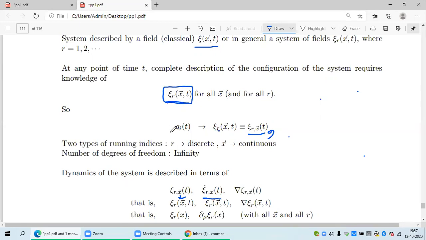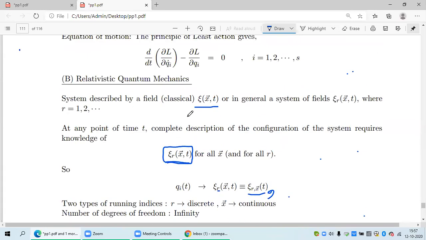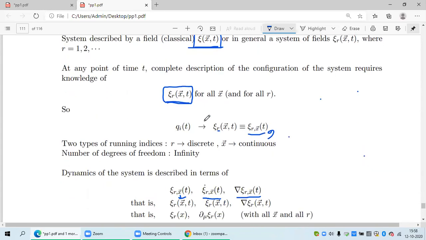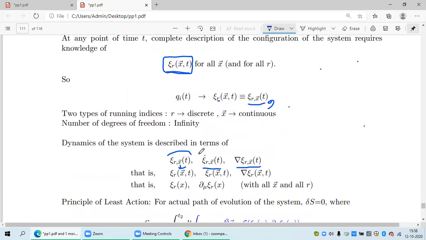Therefore, for a proper description of the dynamics of the system, it should also depend on the space derivative of the function. When you generalize a classical mechanical system to a system represented by a field, which is a relativistic quantum mechanical system described as a system of fields, you can choose your generalized coordinates and generalized velocities in that way.